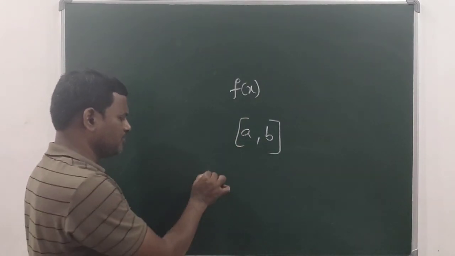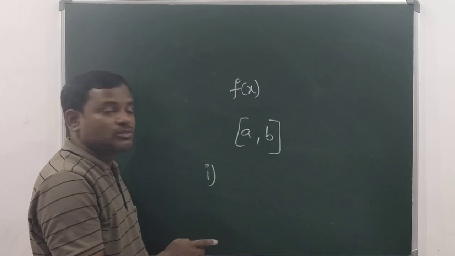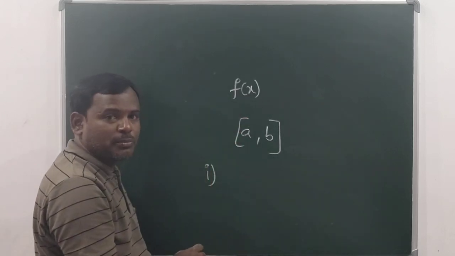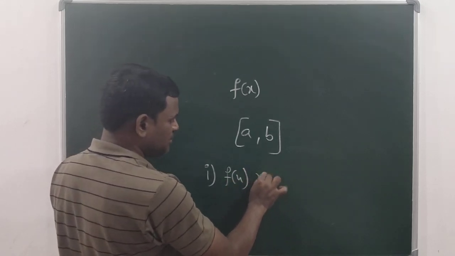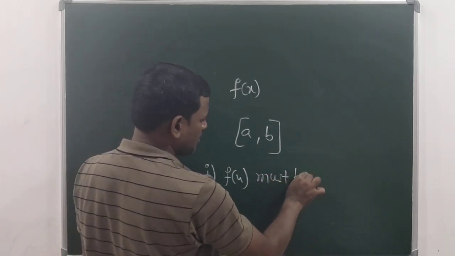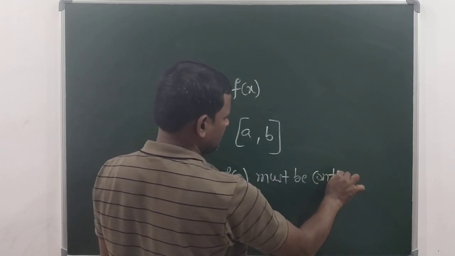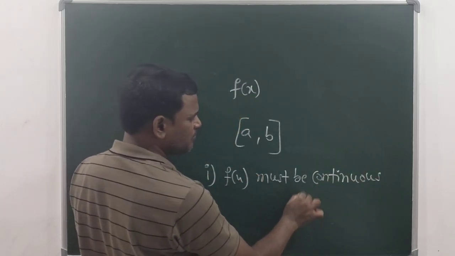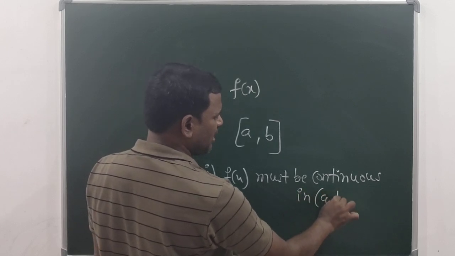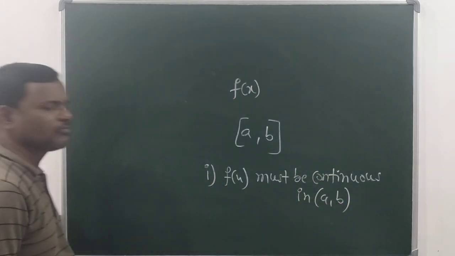How do we check? f of x must be continuous in the open interval a comma b.